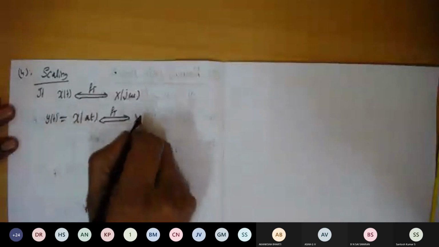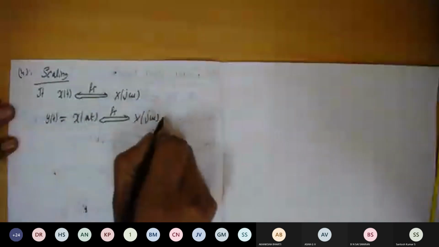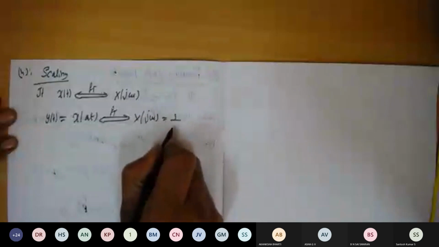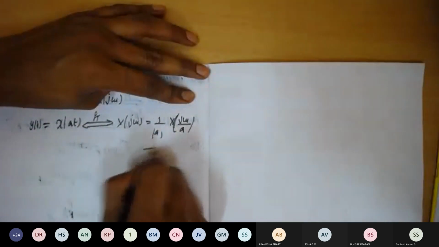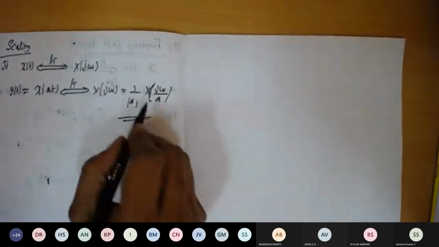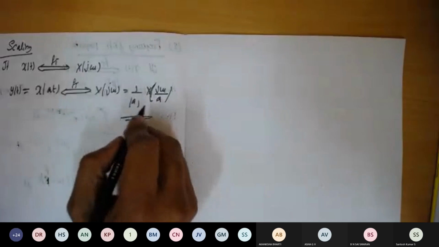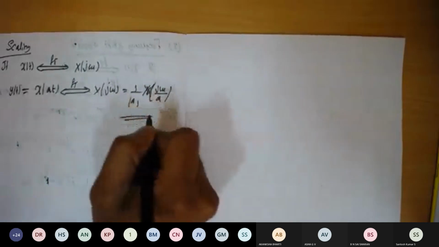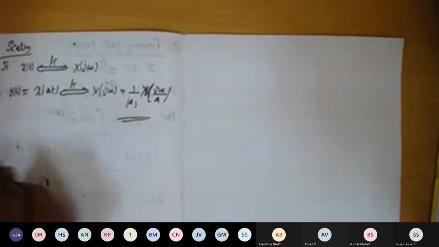The Fourier transform of y of t is y of j omega, and it becomes 1 divided by the magnitude of a into x of j omega divided by a. So this is the time scaling property.